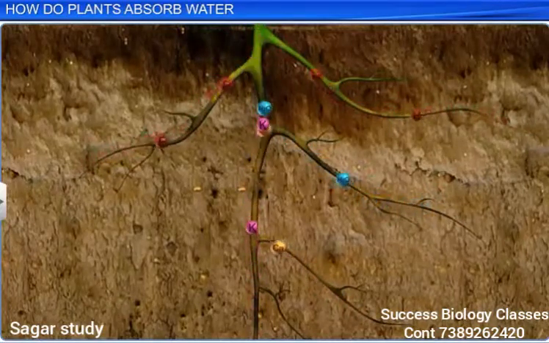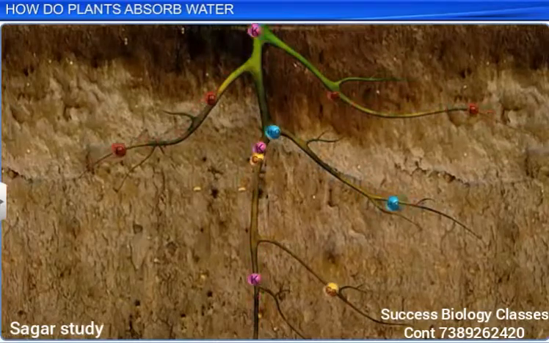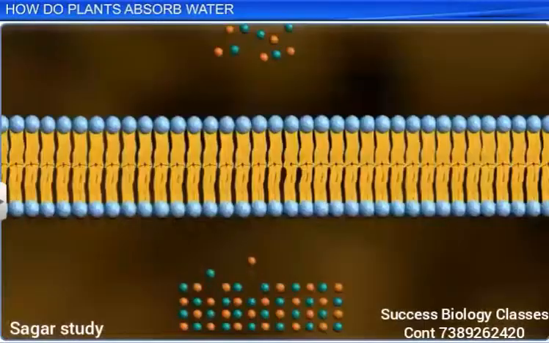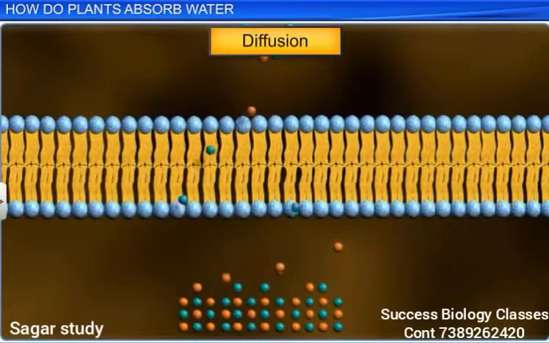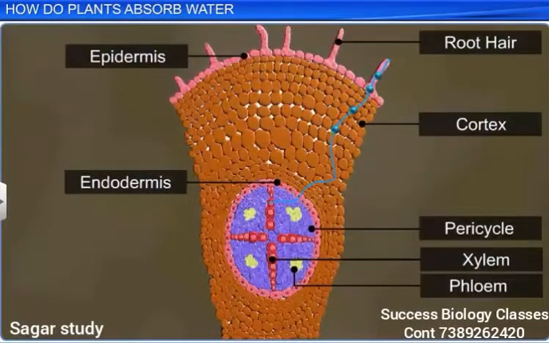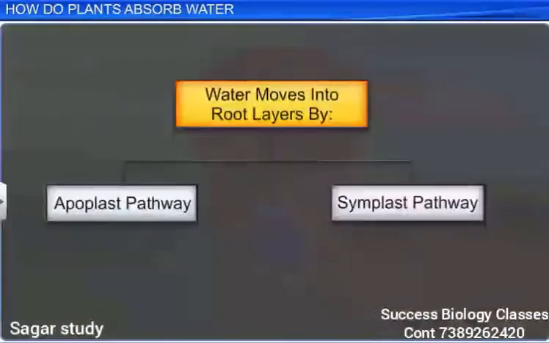These root hairs not only increase the surface area for absorption, but also assist in water absorption through diffusion. After water is absorbed, it moves deeper into the root layers by one of two pathways, apoplast and symplast.